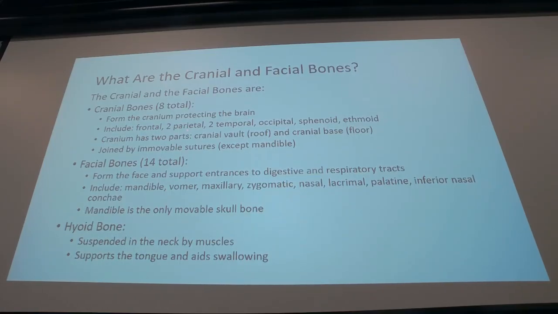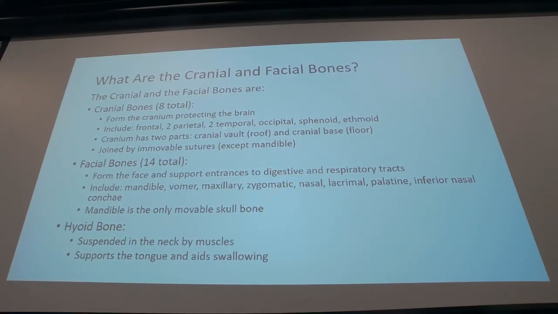And then we have 2 parietal bones, 2 temporal bones. So out of these 8 bones, only 2 are paired, parietal and temporal. The rest are made of a single bone.